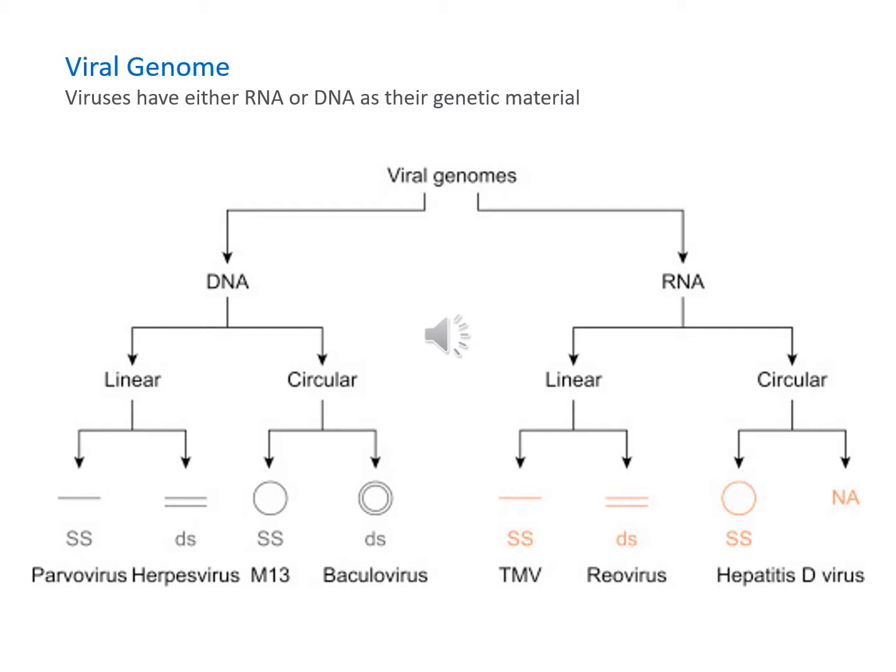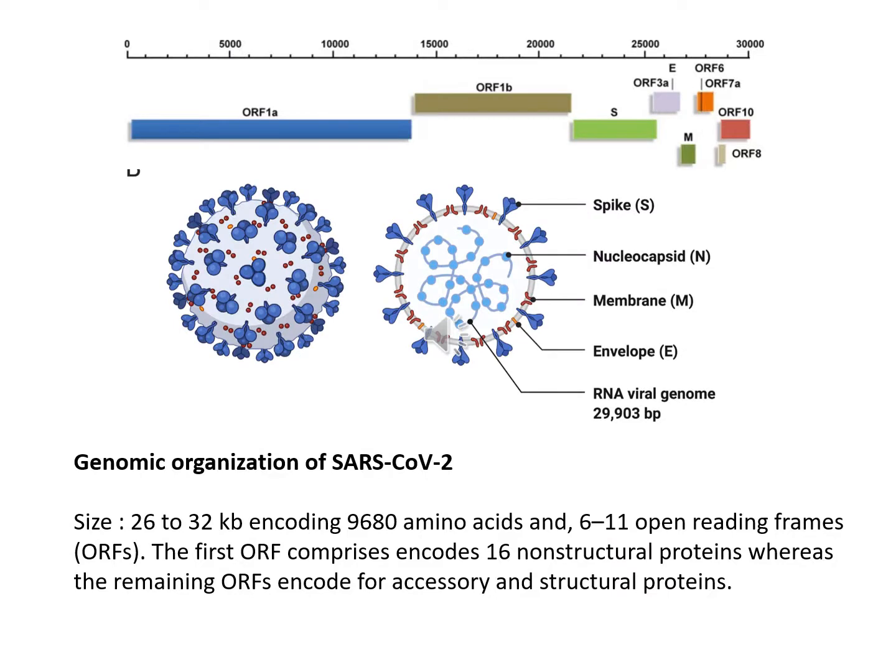As you can see in this diagram, there can be linear or circular DNA molecules, linear or circular RNA molecules, and these molecules can be single-stranded or double-stranded. Regardless of this diversity in the genome structure, viruses carry few genes.